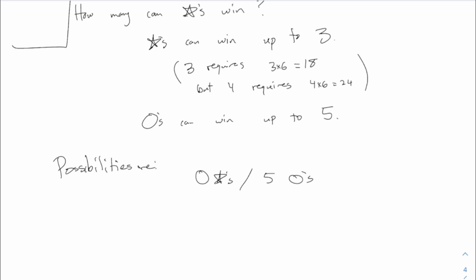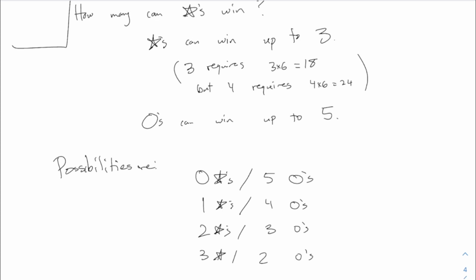That's an extreme possibility, but it is mathematically possible. We could also have 1 star and 4 O's. We could also have 2 stars and 3 O's. We could also have 3 stars and 2 O's. And that's it, because we already said the stars cannot win more than 3. So these are the only possibilities.